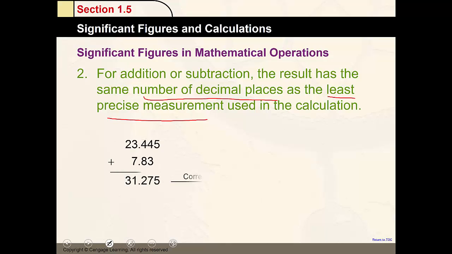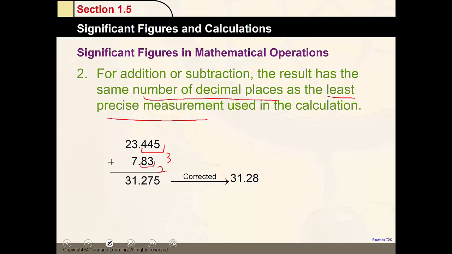Okay, so here in this calculation, 23.445, all you're doing, okay, there are 3 digits to the right of the decimal point here. In 7.83, there are 2 digits to the right of the decimal point here.